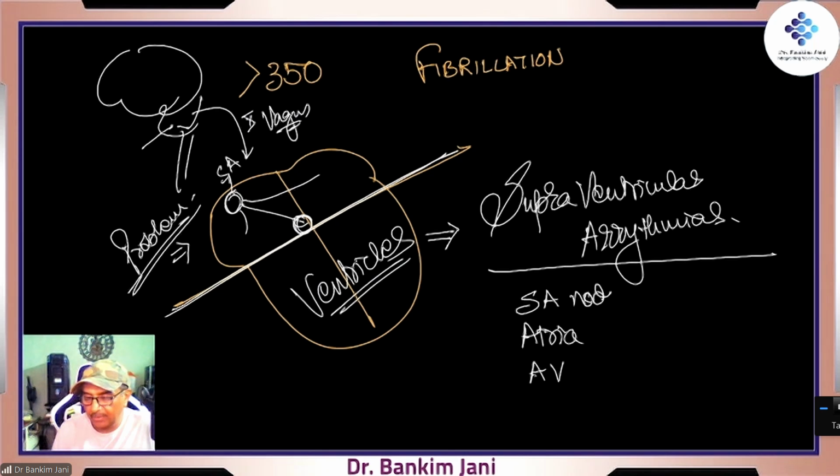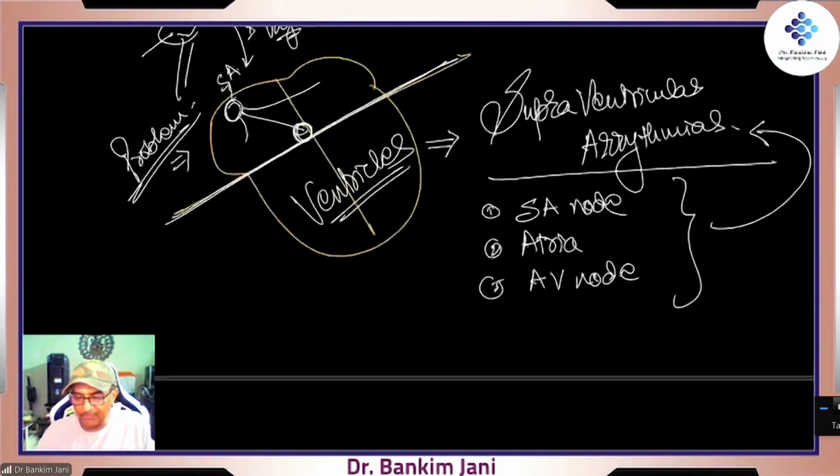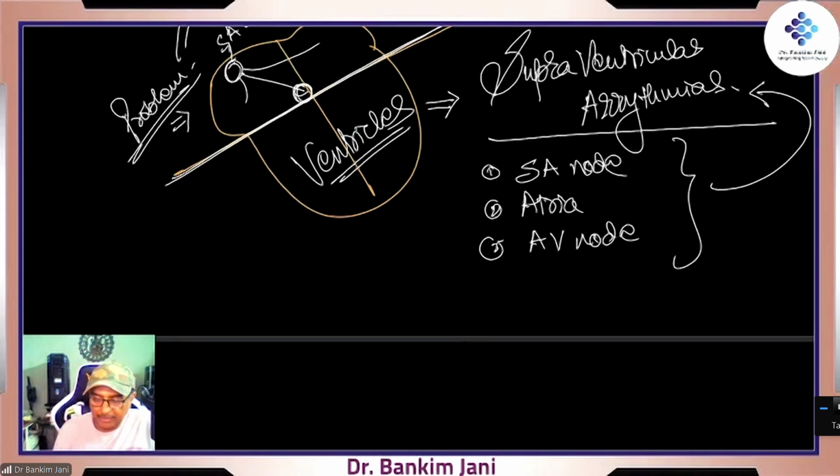SA node, AV node. Whenever the problem is here, we'll collectively call it supraventricular tachycardia or bradycardia, supraventricular arrhythmias. And when it is in the ventricles, obviously ventricular arrhythmias. So that would be supraventricular arrhythmia or ventricular arrhythmia.